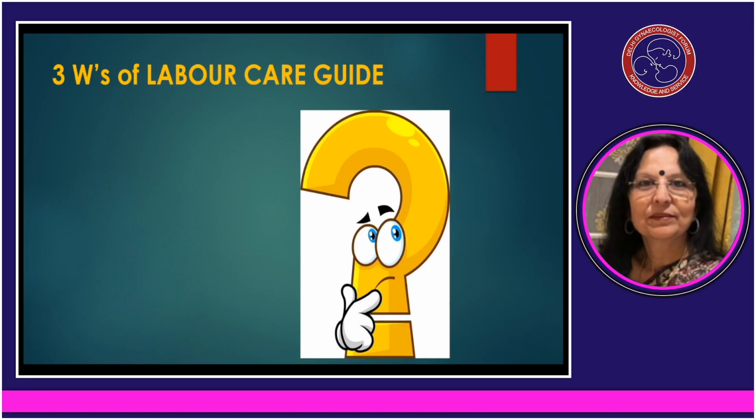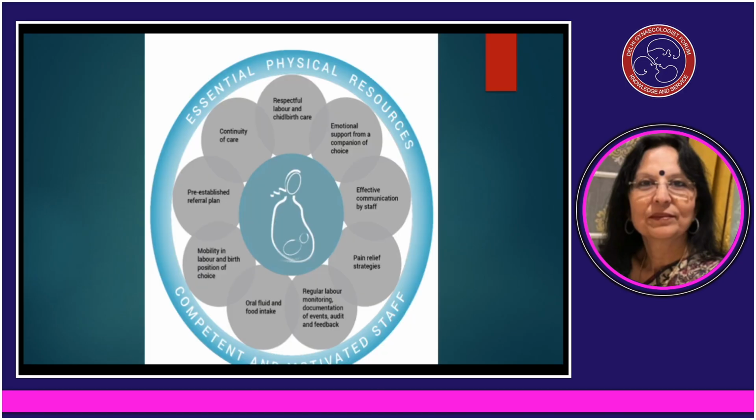So, no, let's go back. These are the essential physical resources. So first is respectful labor and childbirth care. Then there has to be a companion with the patient giving emotional support. The staff needs to be very, very courteous. Now, pain relief strategies, which we would usually never offer to the patient, have become mandatory. Regular labor monitoring, documentation of events, audits, and feedback need to be done.